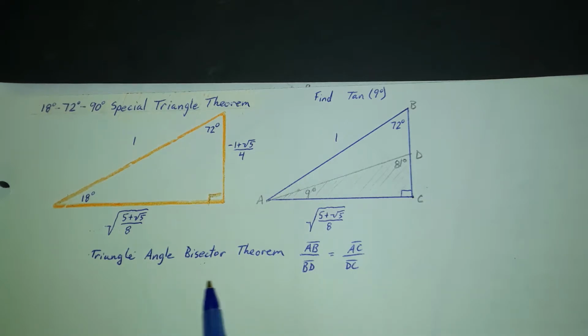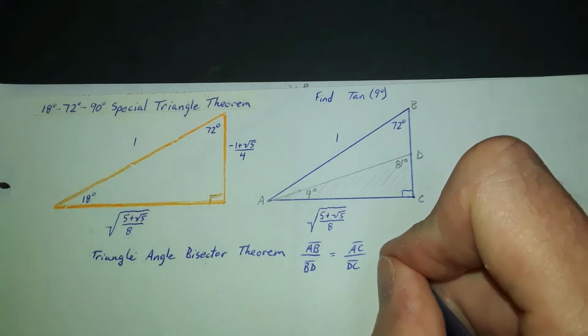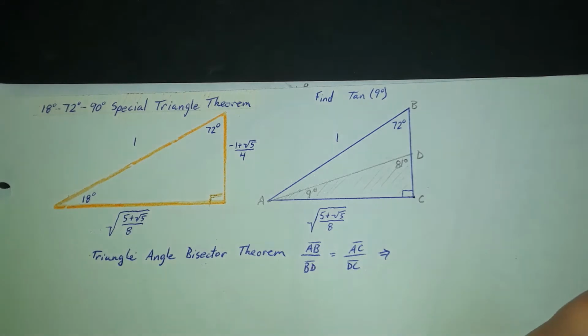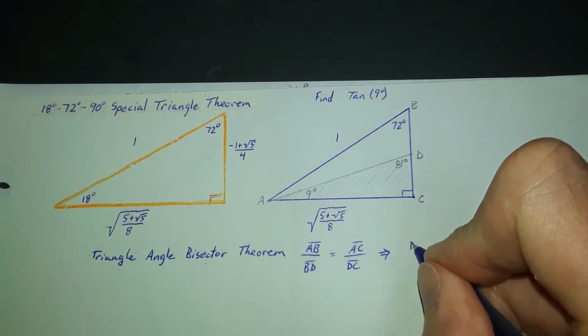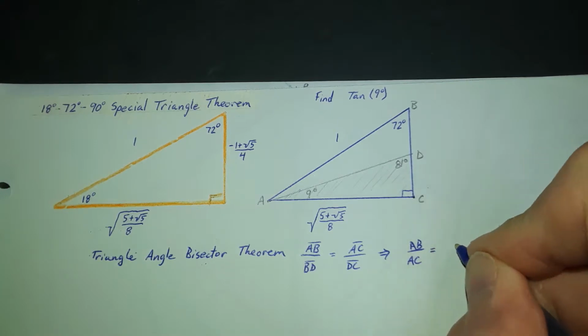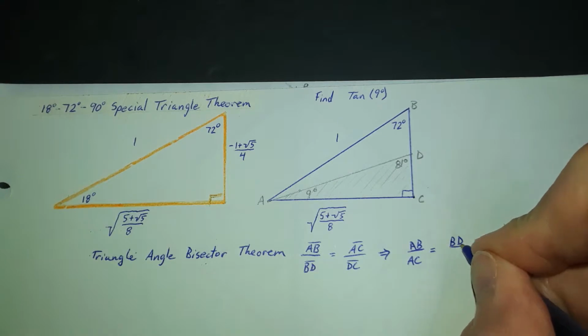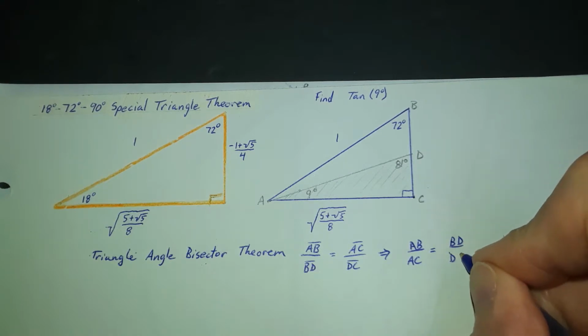I've stated the Triangle Angle Bisector Theorem as it is basically stated in the textbook that I teach from. This is not really the form that I personally want to use. I'm going to use an equivalent form, and this is just manipulation of proportions and fractions. I want to use the ratio of AB to AC is equivalent to BD to DC.